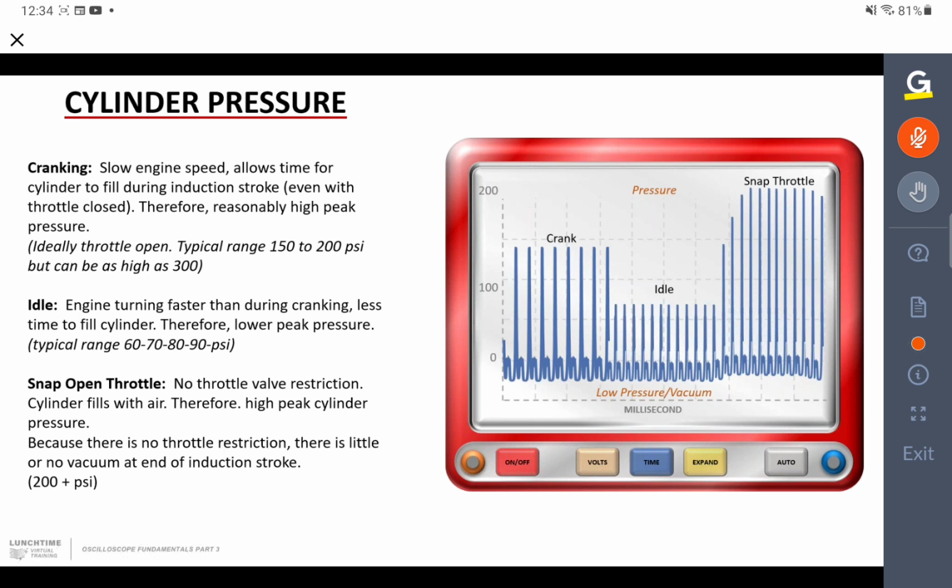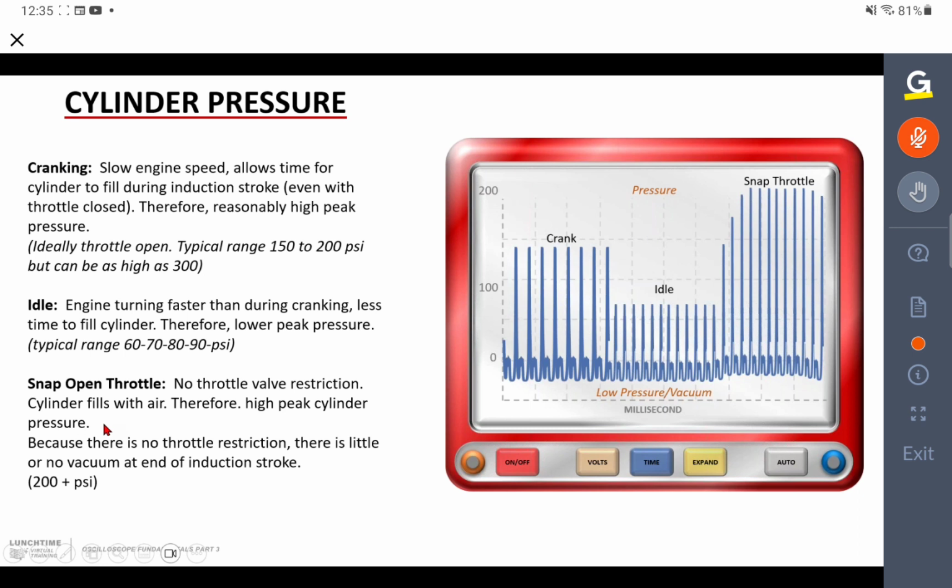So we don't build much pressure up when it's on the compression stroke. So idle with a closed throttle, we typically get in the region of 60, 70, 80, 90 psi on the compression stroke. So cranking is a higher pressure than you actually get at idle, because at idle we've got a totally closed throttle and we've also got a much higher speed, so there's less time to induce a high volume of air into the cylinder.